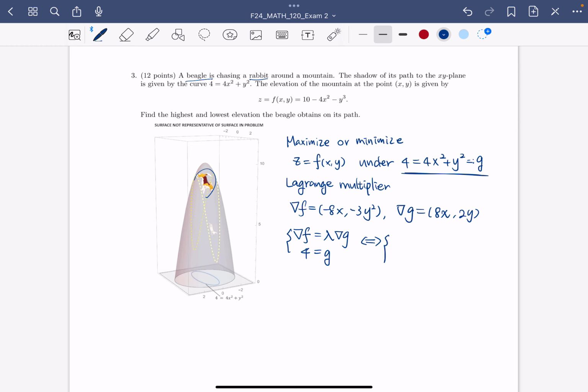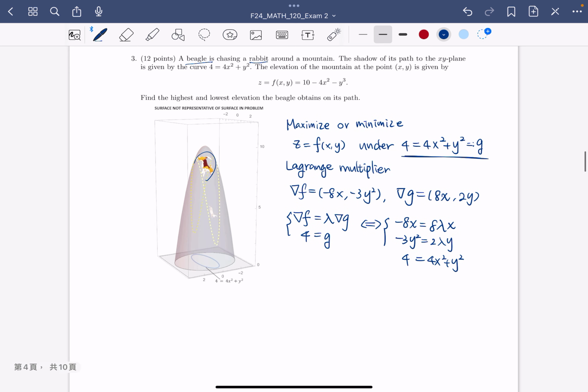To put this into more concrete terms, we have minus 8x equals lambda times 8x, minus 3y squared equals lambda times 2y, and 4 equals 4x squared plus y squared.